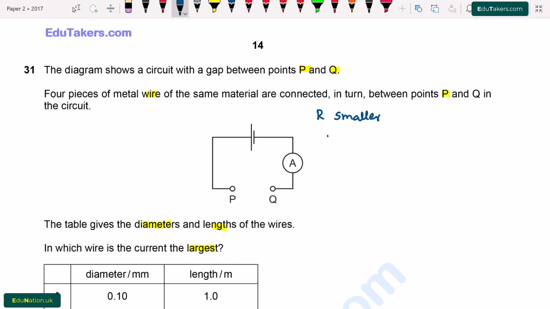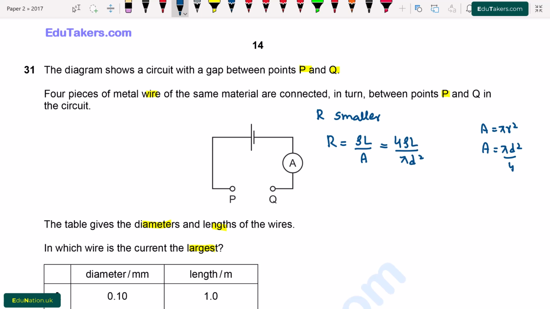We also know that resistance is equal to resistivity times length over area, where area is equal to pi r squared, and radius r is half of the diameter. So area will be equal to pi d squared by 4. So I write here 4 resistivity length over pi d squared.